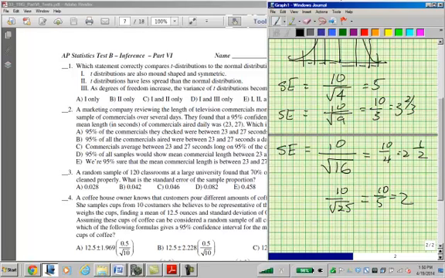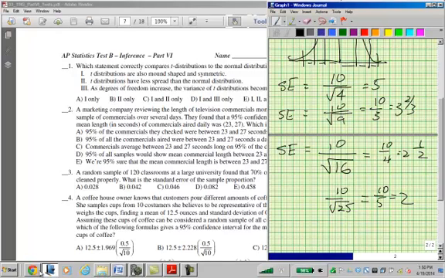So as the sample size increases, degrees of freedom is increasing, and the standard error of the statistic is decreasing, which means that the t-distribution is getting more compact.